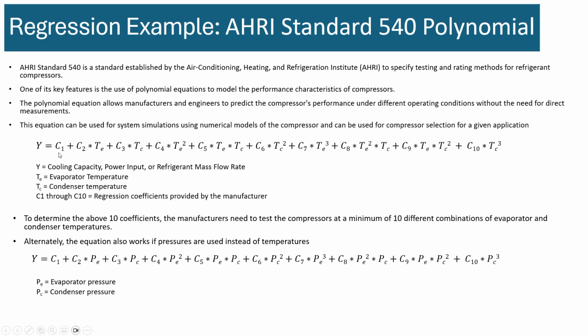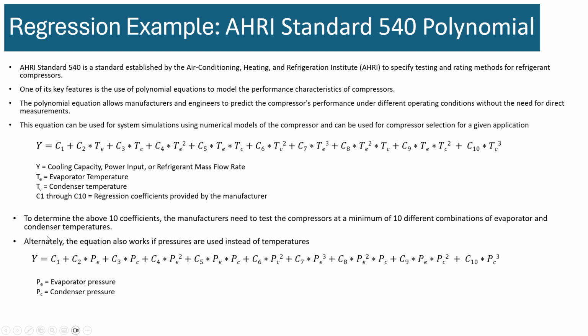At a minimum, you need 10 equations to solve 10 unknowns. So the manufacturer needs to test at least 10 different combinations of evaporator and condenser temperatures. Some people test exactly 10, some may test 15, some may test 25. It varies from manufacturer to manufacturer.